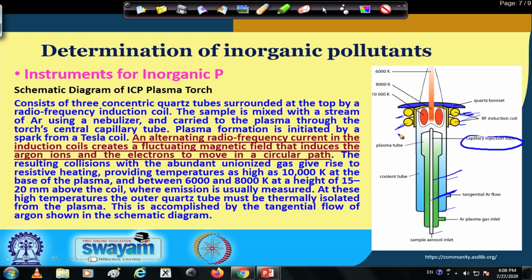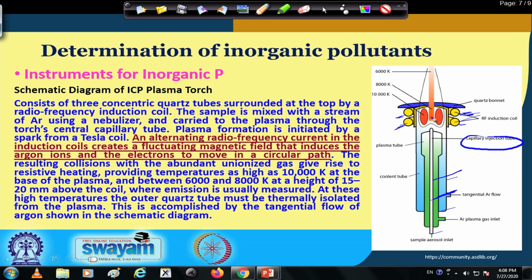As a result of this rotation there is collision with the abundant ionized gas, which gives rise to resistive heating, providing a temperature as high as 10,000 Kelvin at the base of the plasma.